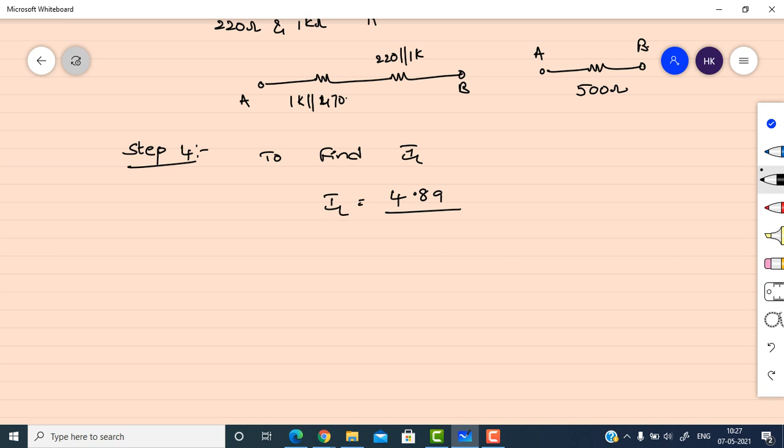So take the magnitude 4.89 by RThevenin plus RL. RThevenin we got 500 and RL value is what? RL is also 500. What is the value of load current? 4.89 divided by 1000.